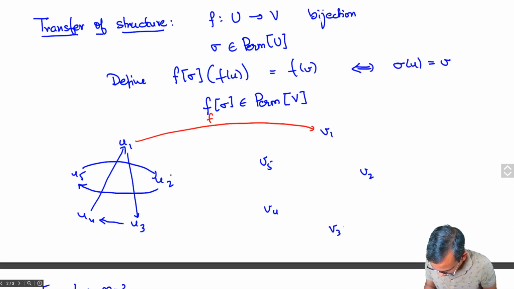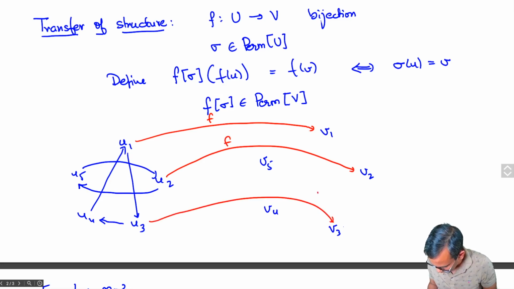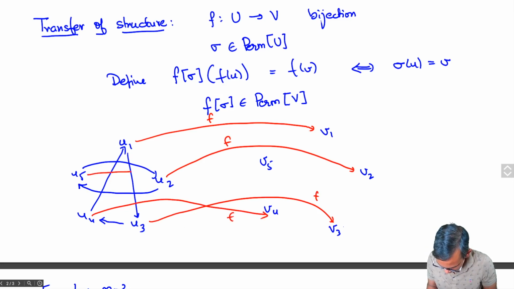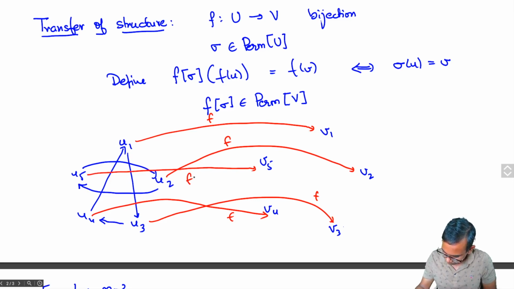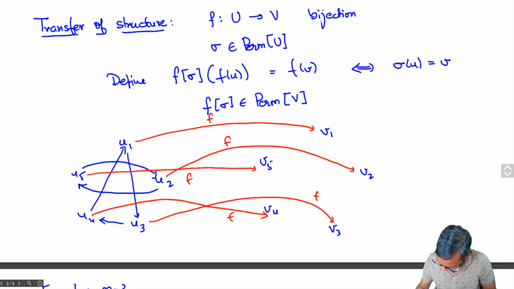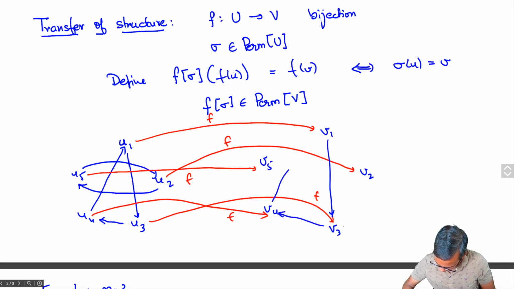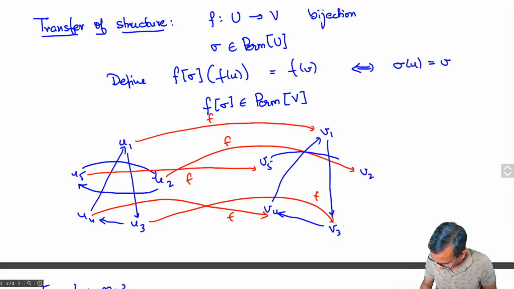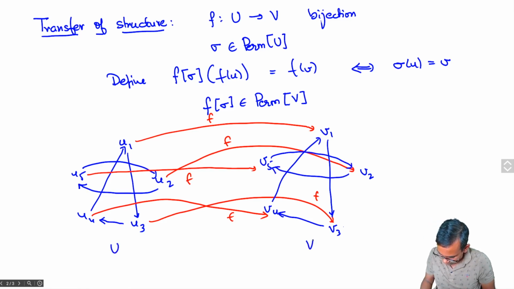Then I can just define f sigma as the same picture. V1 goes to V3, V3 goes to V4, V4 goes to V1, V5 goes to V2, and V2 goes to V5. So I've transferred the permutation structure from the set U to the set V.